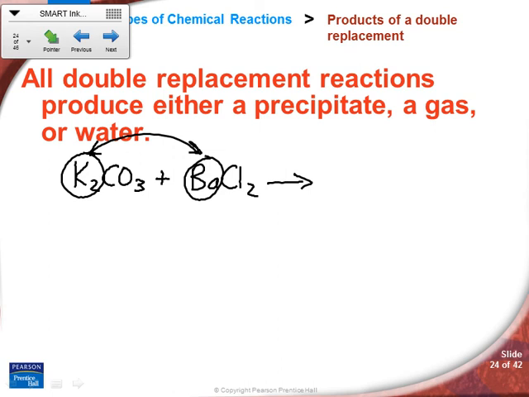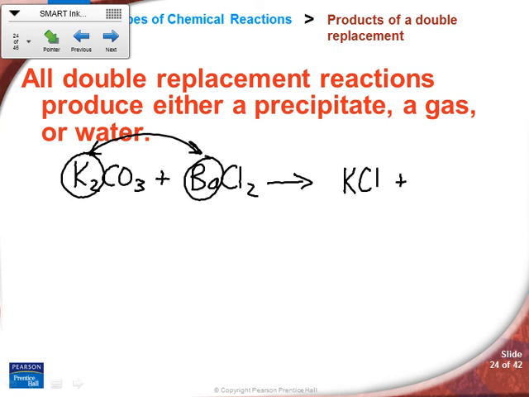okay, now here's where you have to be careful, alright? Because it's going to be K and Cl combining, right? But how are they going to combine? It has nothing to do with what was over here, right? It has to do with the charges. Just KCl. 1 plus, 1 minus, it's going to be KCl, okay? Plus, you have to remember what barium's charge is, and you have to remember what carbonate's charge is, okay?